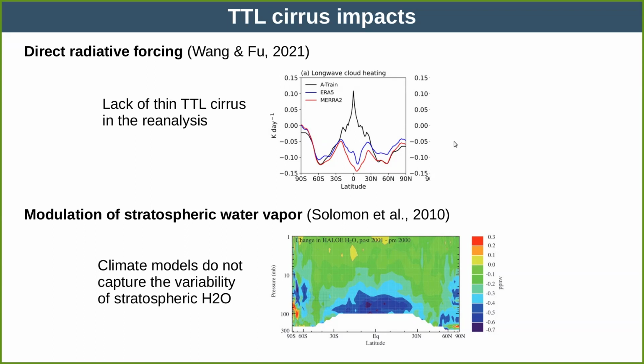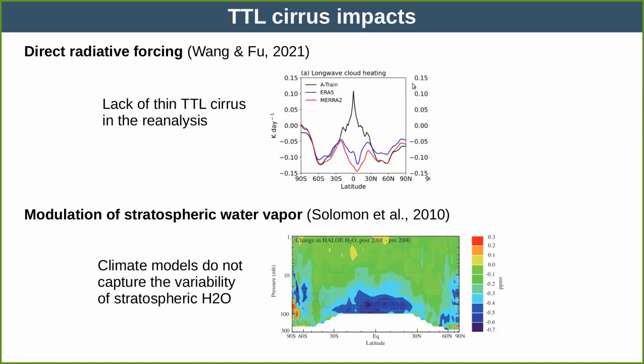The authors of this study attribute this gap to a lack of thin TTL cirrus in reanalysis. And this lack of TTL cirrus in reanalysis is itself attributed to a lack of observation of such clouds.